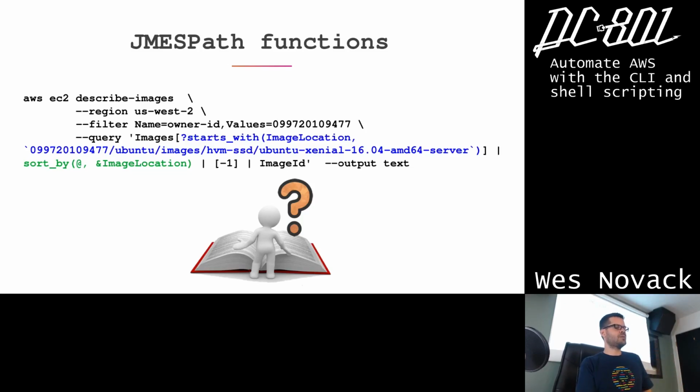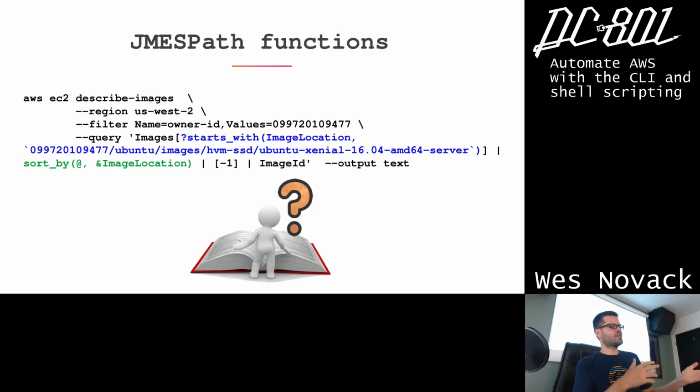In this case, in the blue, I'm using a starts_with function to only pull back objects with the metadata ImageLocation that starts with this big long path of 099720109477, which happens to be the official Canonical AWS account ID, so that I only pull back AMIs that are published by Canonical, and maybe not some other Ubuntu AMI that some other organization had published.